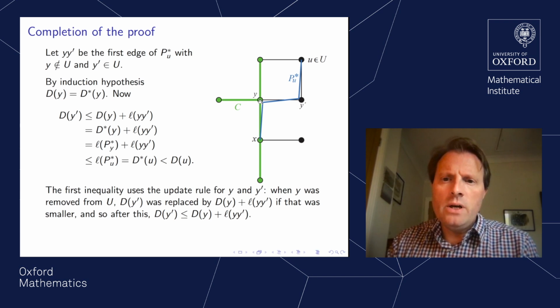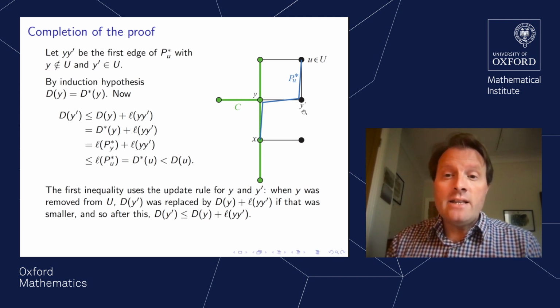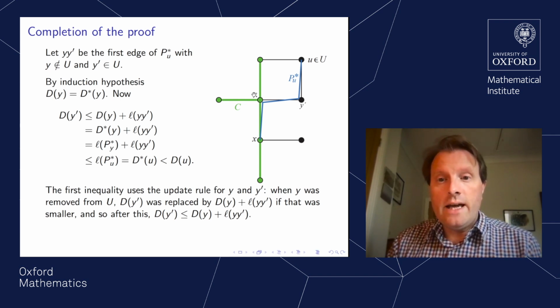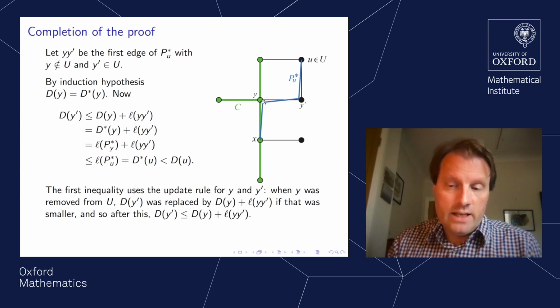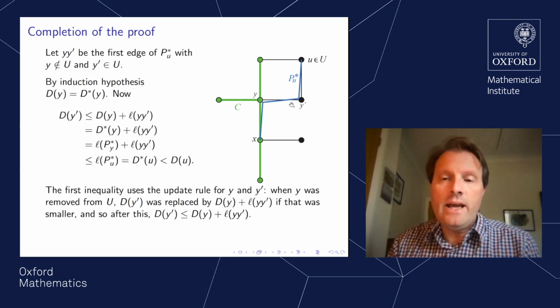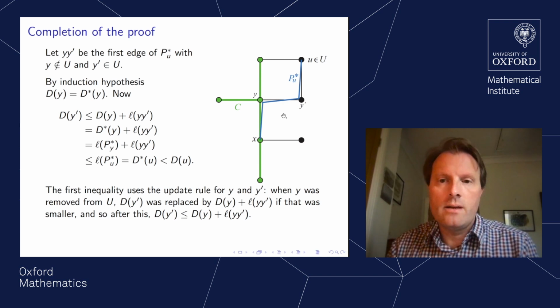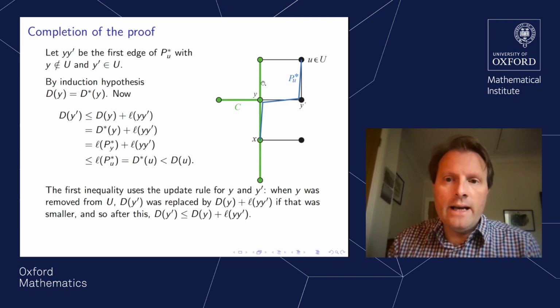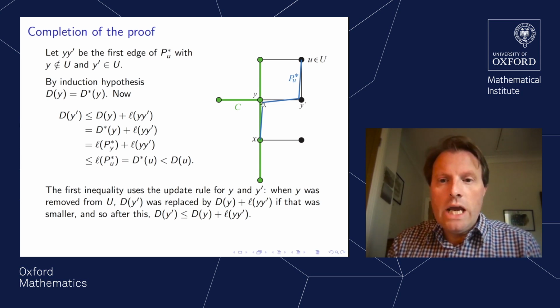What we do is we look at all of its neighbors in U and we say, is their d value greater than d of this vertex y plus the length of the edge? So when we finalized the d value of y, we would have done this for this edge here.